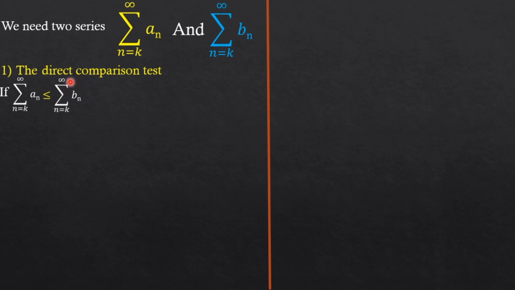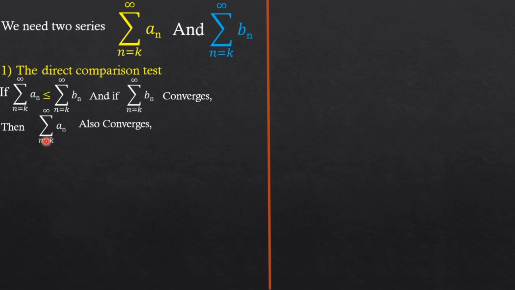If a_n is less than or equal to b_n, and most importantly, if b_n converges, then we can conclude that a_n as well must also converge. That therefore implies the series as n goes from k to infinity of a_n also converges.